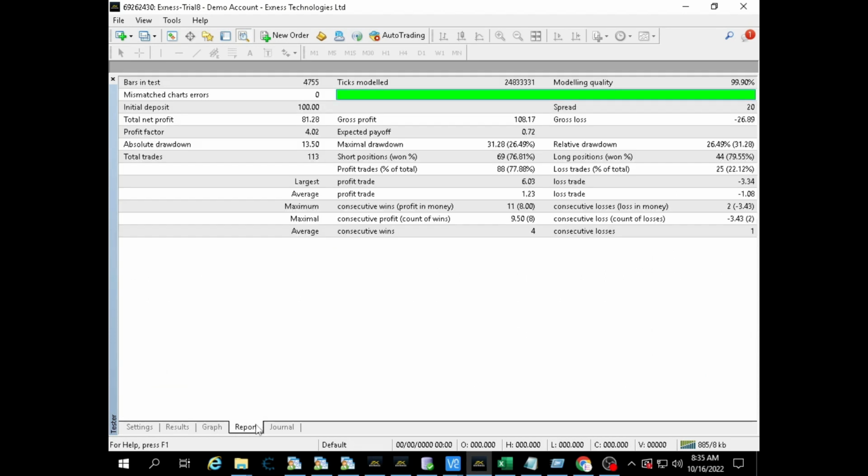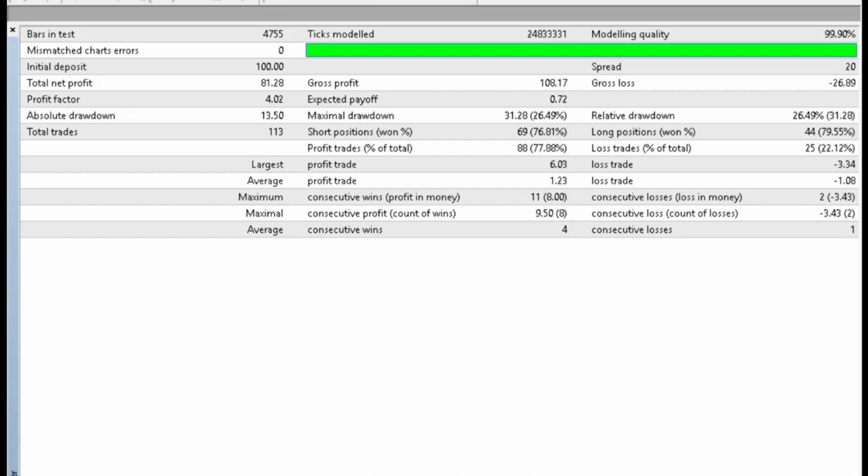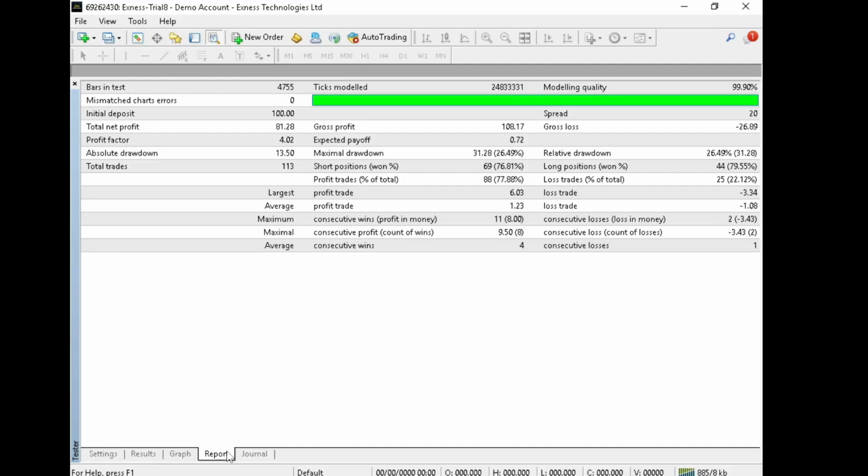With a capital of $100 here I get a profit of $81.28, or profit increase of about 80%. And a drawdown of $31.28 or about 26.49%. Consecutive wins 11 times in a row and consecutive losses 2 times in a row.